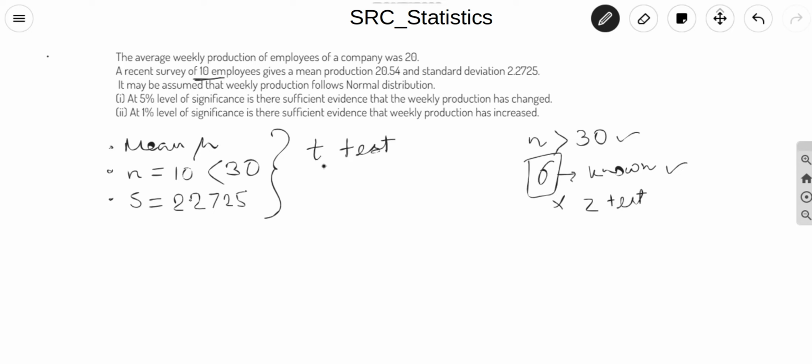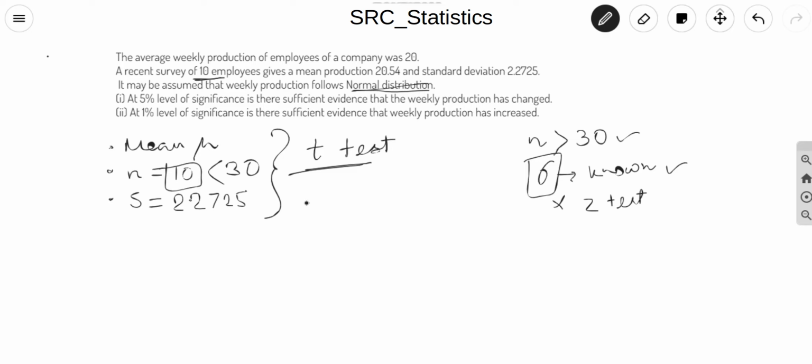One more thing is that for a small sample we can use t-test only if the population is normally distributed. That is mentioned in the question: it may be assumed that the weekly production follows normal distribution. Then only we can do t-test because the sample size is small.